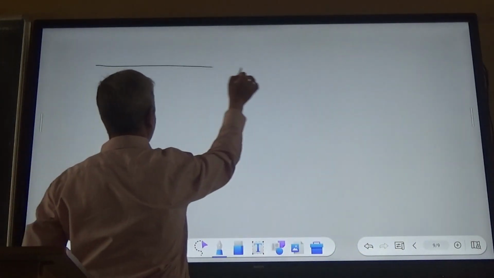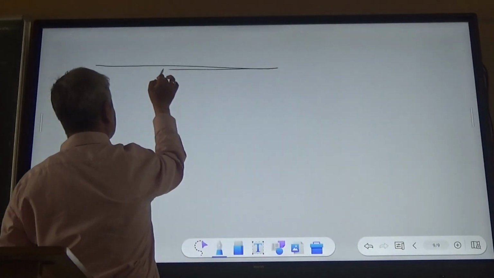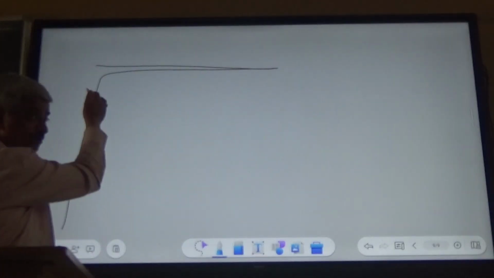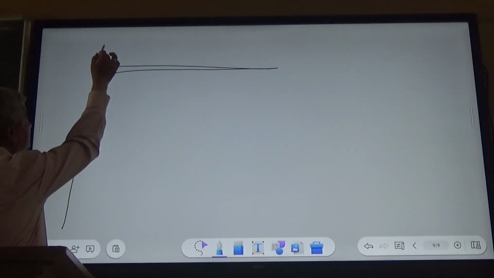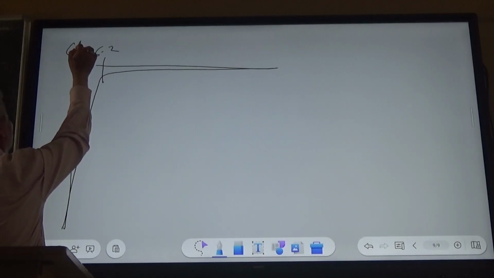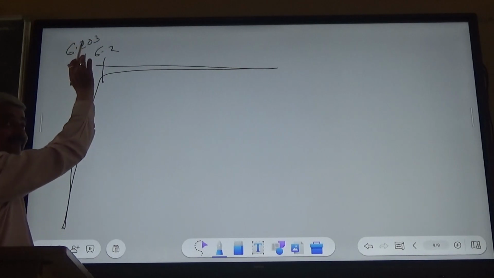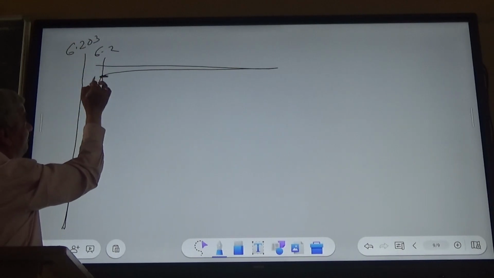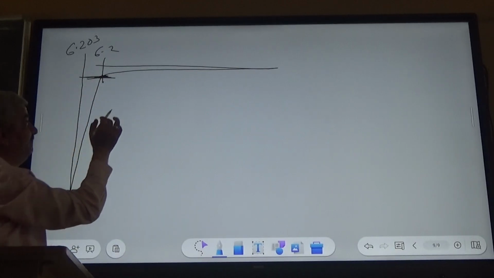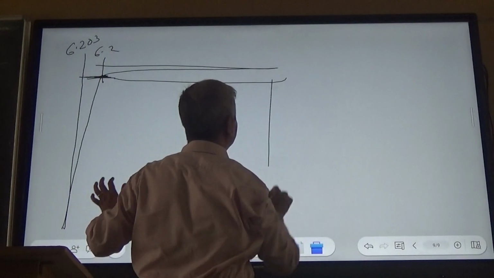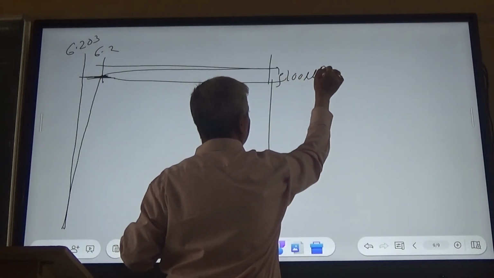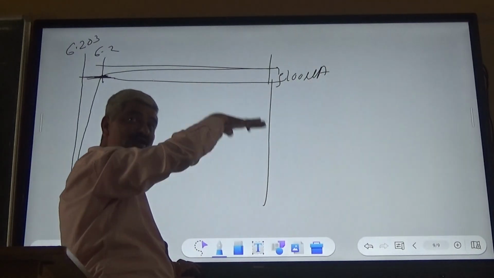if it is on an expanded scale, this is not to scale, this is 6.2 and this is say 6.203, but below after this it is vertical, wherein this must be 100 microamperes.